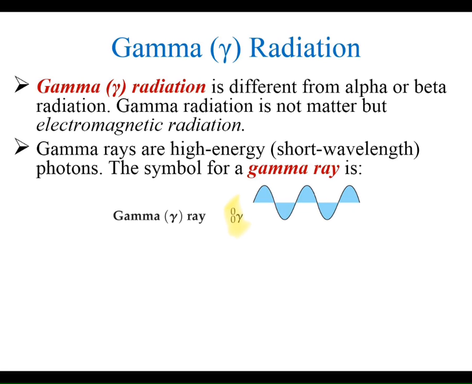Normally, a gamma emission happens in conjunction with something else. So you spit out an alpha particle and just some gamma energy, or you spit out a beta and some gamma energy. It's not like you're going to have just the gamma by itself. It's going to come with something else.